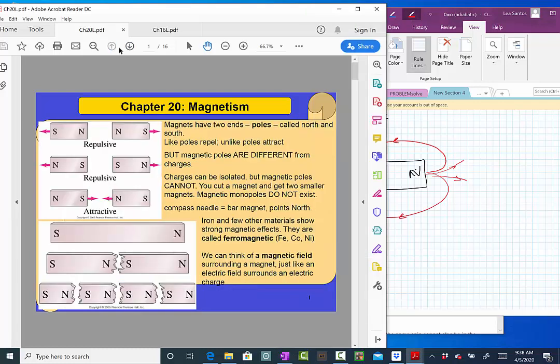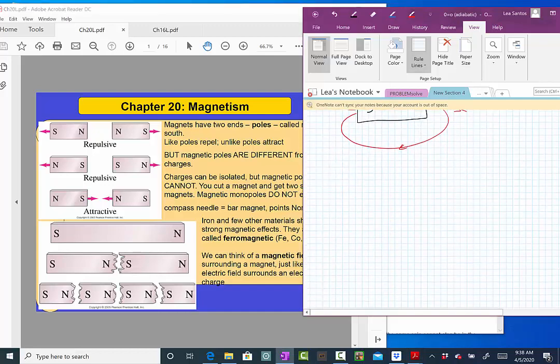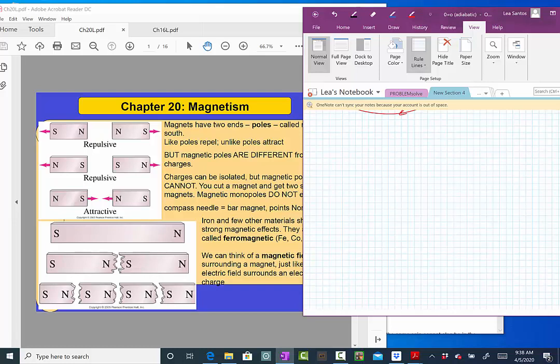Okay, so let's come back to our first slide. We talked about the magnet. We say that it has a magnetic field around it, but still, what is the origin of these magnetic fields? We talk about the spins of the particles, especially the spins of the electrons when we are talking about magnetism.